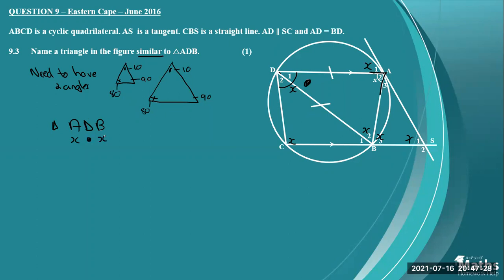So if I can find any triangle that gives me this scenario, then I know it's going to be similar triangles. Let's see, where can I have an X and another X and an unknown angle? Well, in this triangle, here, DC. B, I can't because the whole of D1 plus D2 is X. But I see it here. So if I can name it, you can start anywhere.